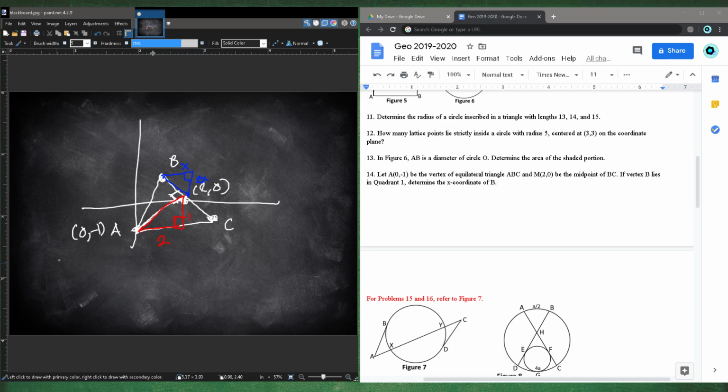So how do we know this length? Well, it's 0, -1, and 2, 0. So you just use the Pythagorean theorem, which is 1 squared plus 2 squared, which is 5, and then the square root of 5. So that's our length. We know this length is the square root of 5. And remember the property of equilateral triangles.